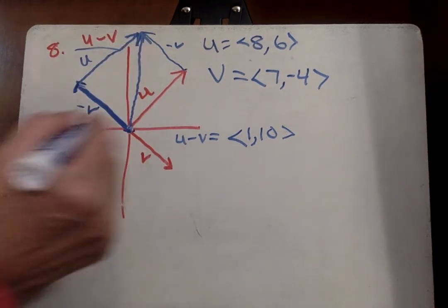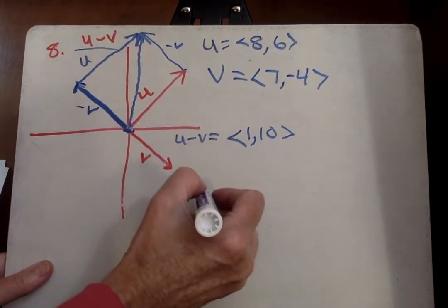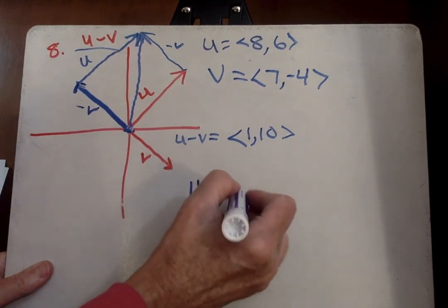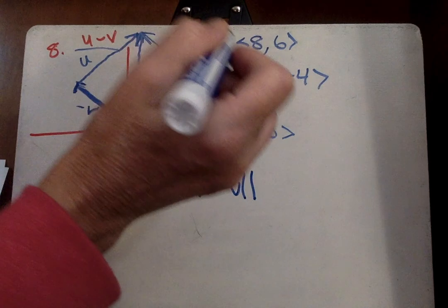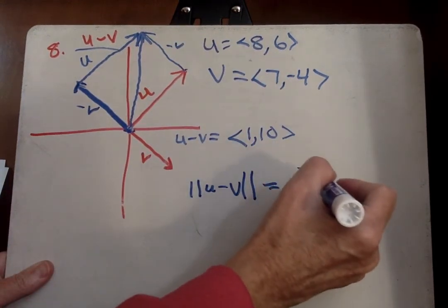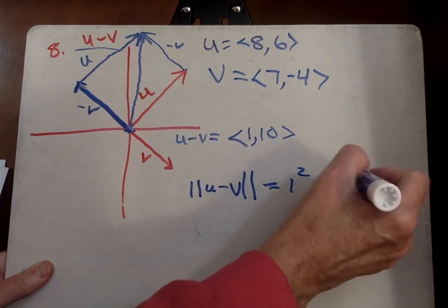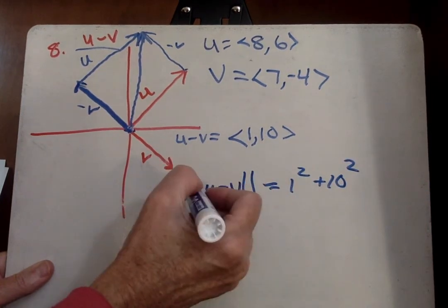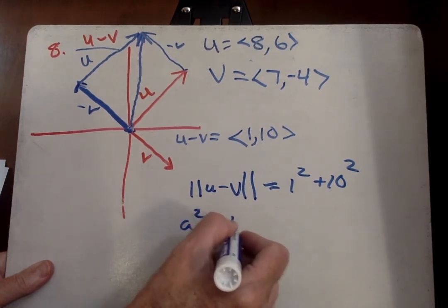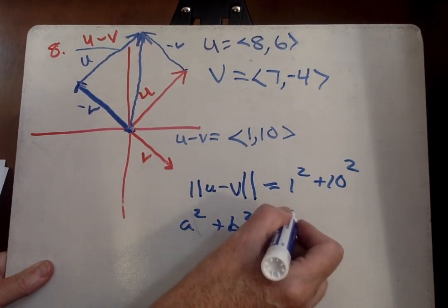All right. Now, to find the magnitude of that, you write it like this. Magnitude equals the square root of 1 squared plus 10 squared. So this again goes back to a squared plus b squared equals c squared.